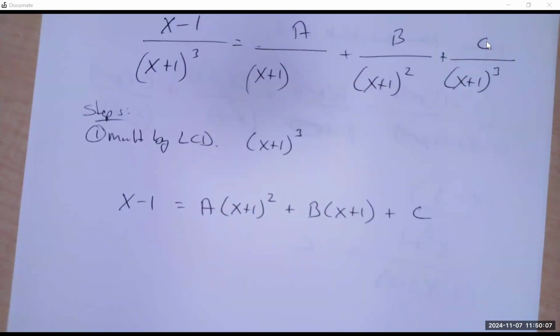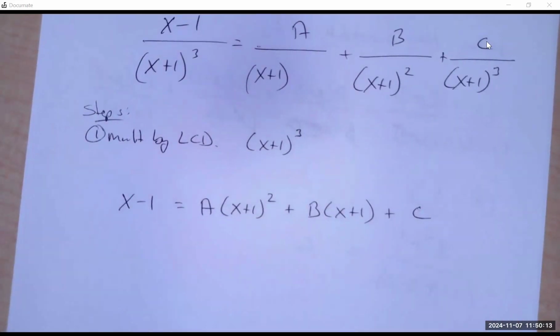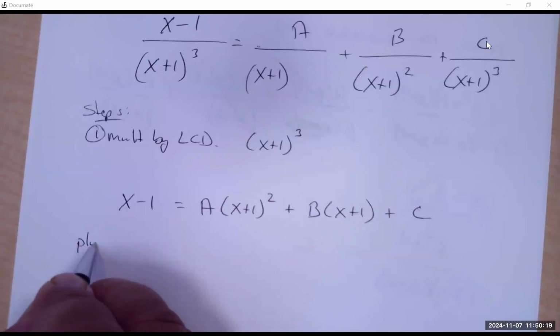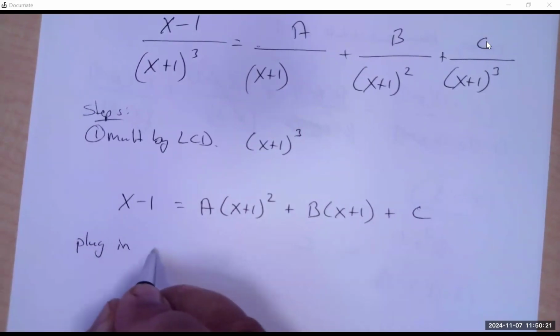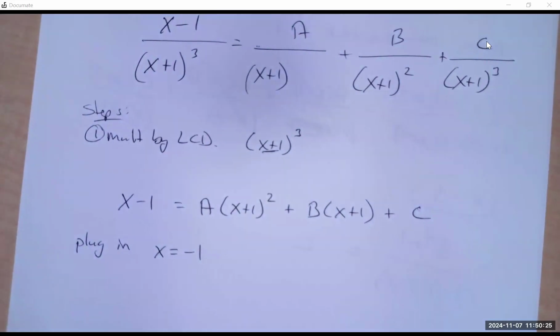So far, so good? This is kind of what we did last time. So since they're all the same ones, what do you think we plug in? -1, because we take this and set it equal to 0.